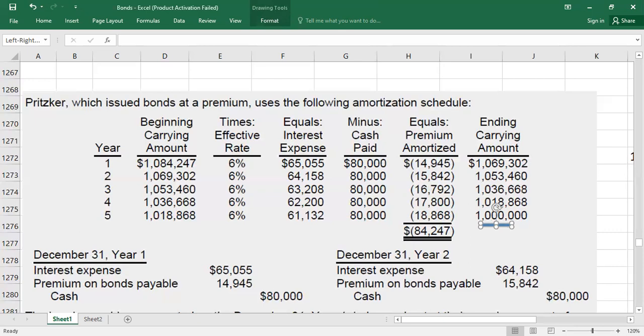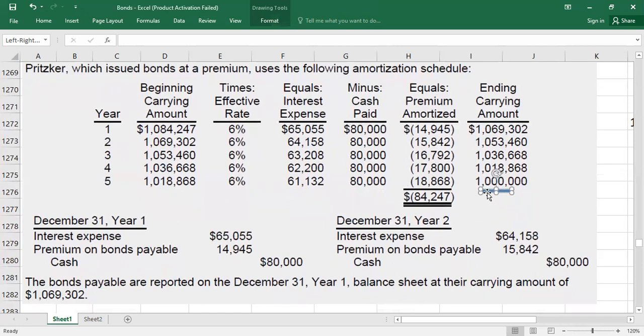So here we go, what entry will you pass in each year? In year one, for the amortization of premium, you will pass this entry. Debit will go to interest expense at the effective rate, and in year one your interest expense is $65,055, so you make this amount a debit.